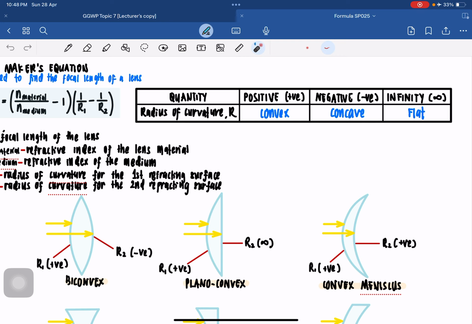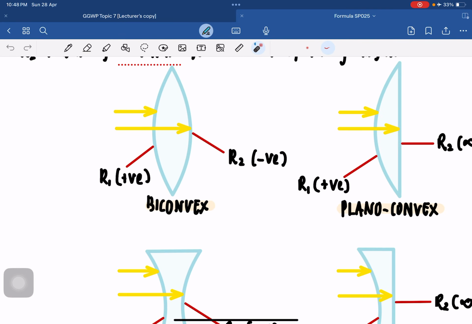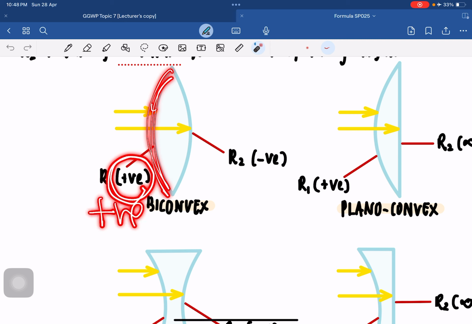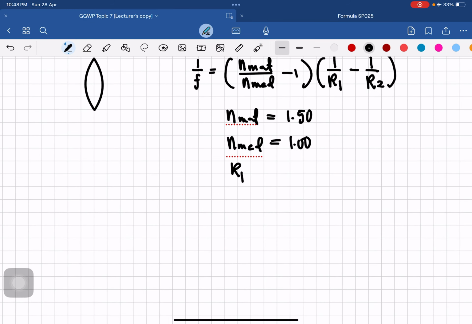If it meets a concave surface, it will be negative. For example here, light comes from the left side, pointing to what surface here? This is a convex surface. Since this is a convex surface, the first radius of curvature must be positive. So we know R1 must be positive, and we write here that this one should be positive R.